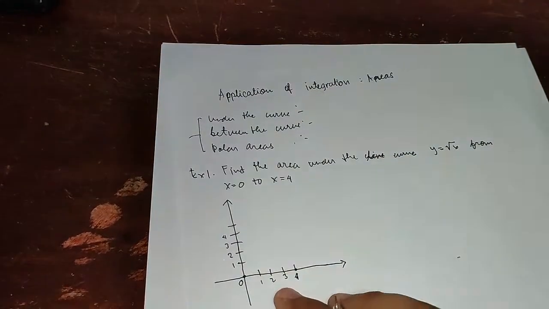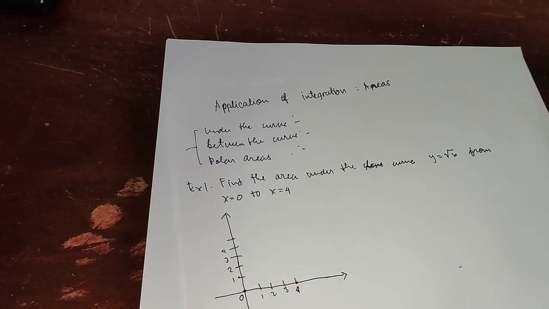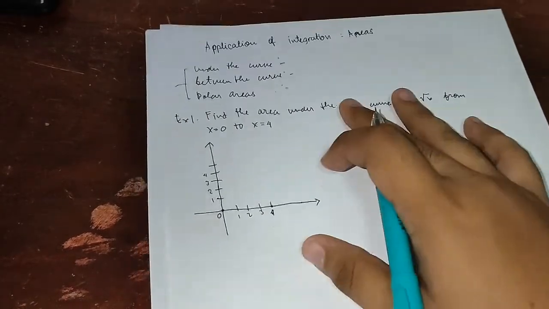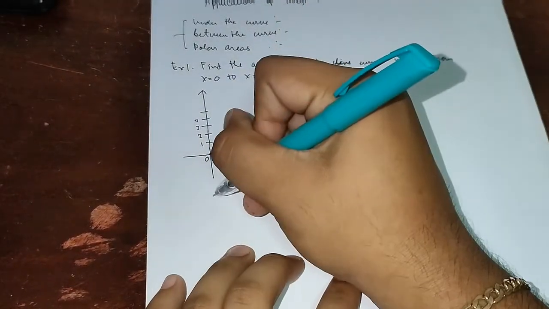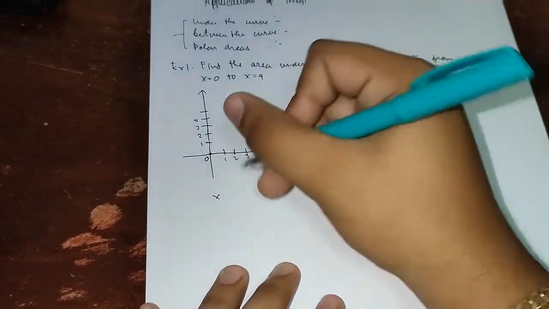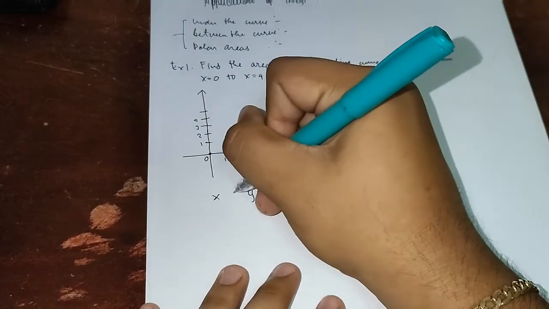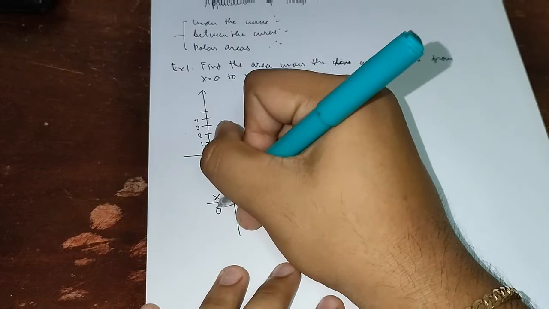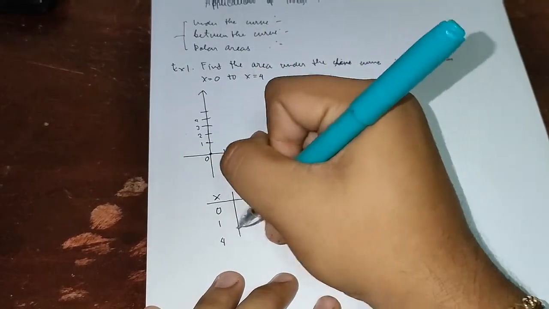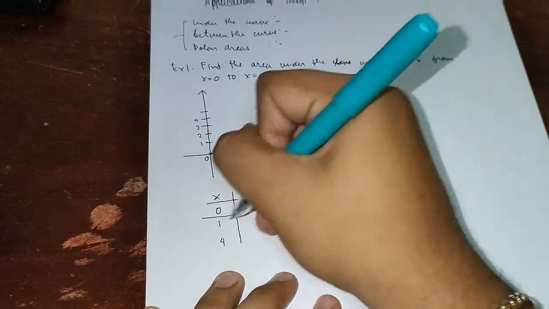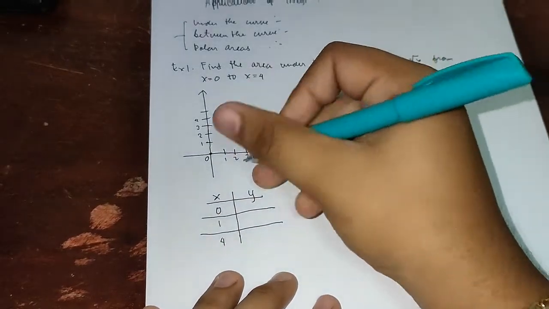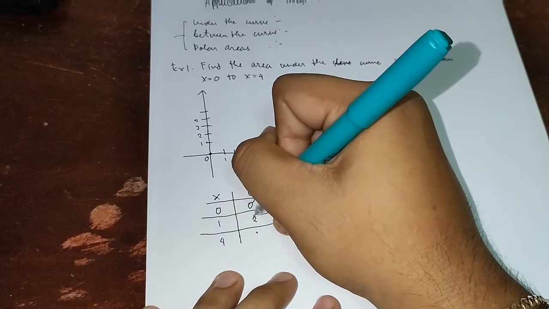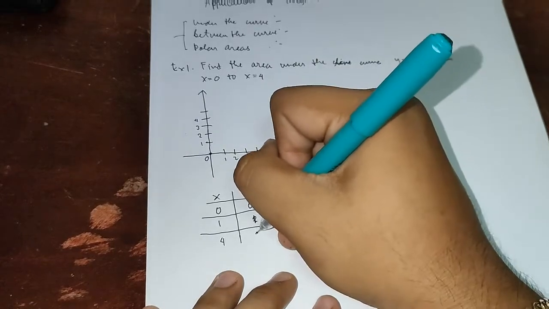And now we will find the limits. Now we're gonna draw the x and y. X here and y. The x values are 0, 1, then 4, and 2.